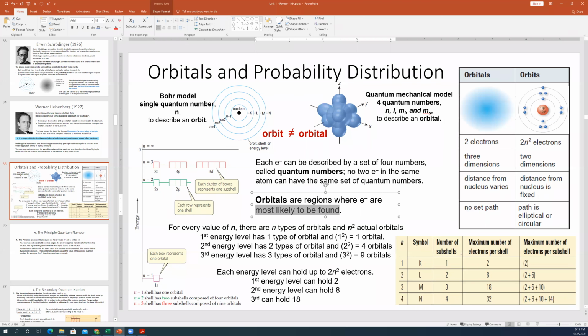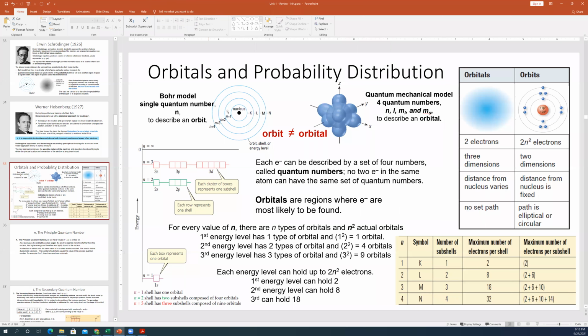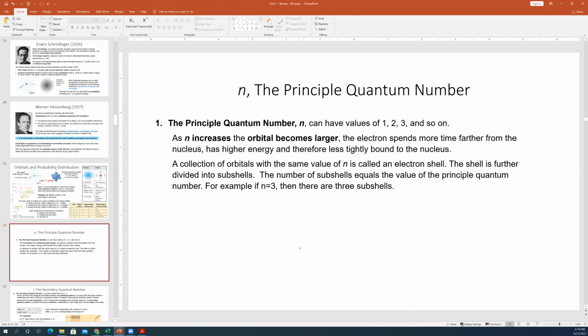Now, these numbers were N, L, M subscript L, and MS. So N is the principal quantum number. That's what the Bohr theory established. N can have values of 1, 2, 3, and so on, and it increases as the orbitals become larger.